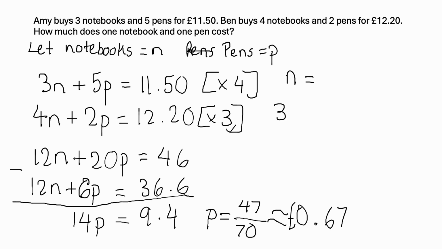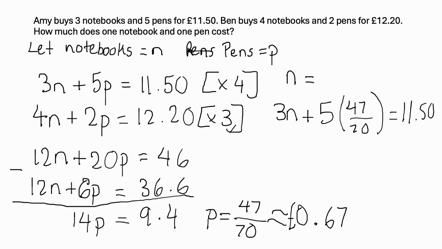So let's do the top one, 3n plus 5 times, and I'm going to keep it in fraction format, 47 over 70, is equal to 11.50. 5 times by 47 over 70 gives 3n plus 47 over 14 is equal to 11.50. To eliminate that 47 over 14, we have to subtract on both sides.